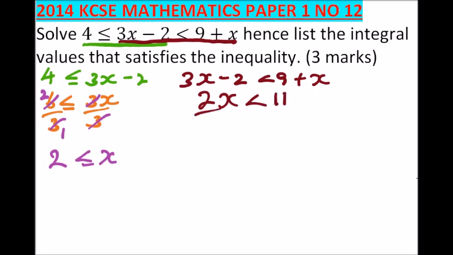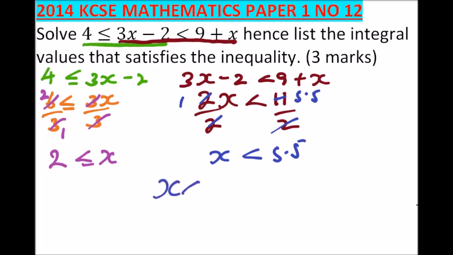Divide by 2 both sides. So 2 divided by 2 is 1, and 11 divided by 2 is 5.5. Now we have x less than 5.5. We can combine this by starting with x. We say x is less than 5.5 and this is greater than or equal to 2.